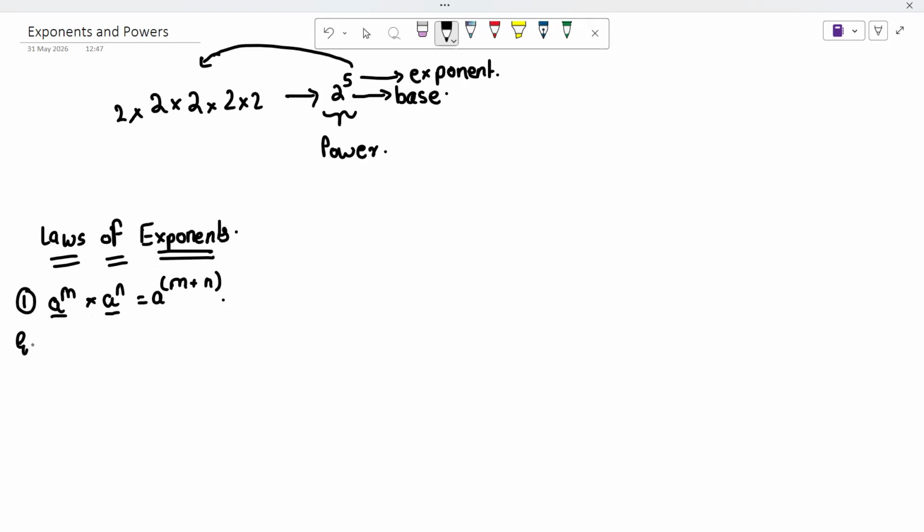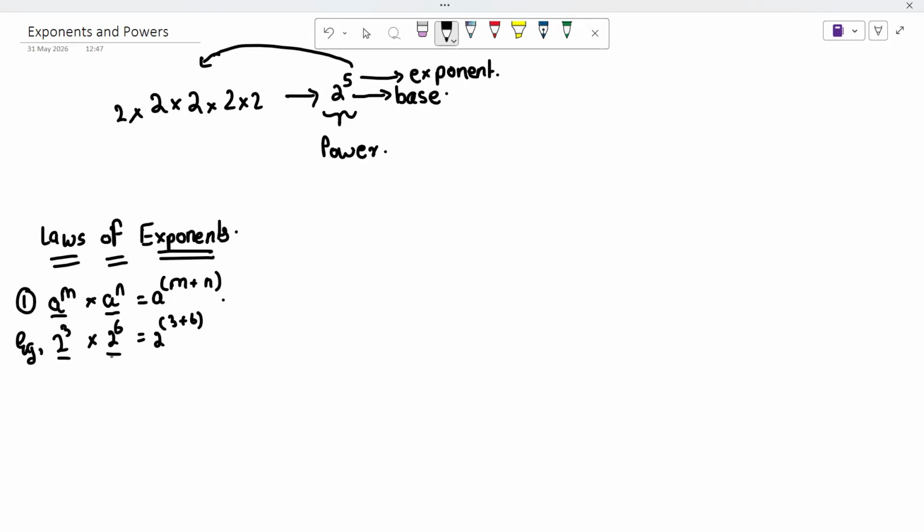Let us see some examples to make this explanation more clear. 2 power 3 into 2 power 6 is equal to 2 power 3 plus 6. First we check if the question has same bases.